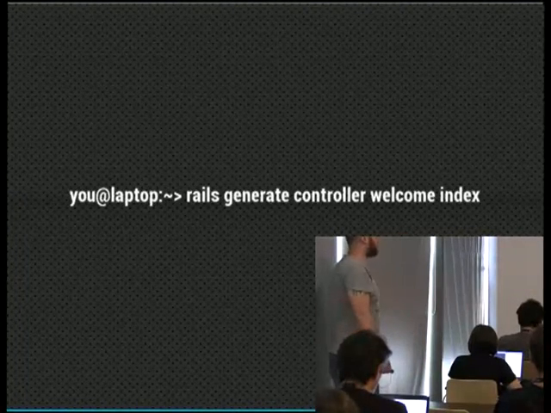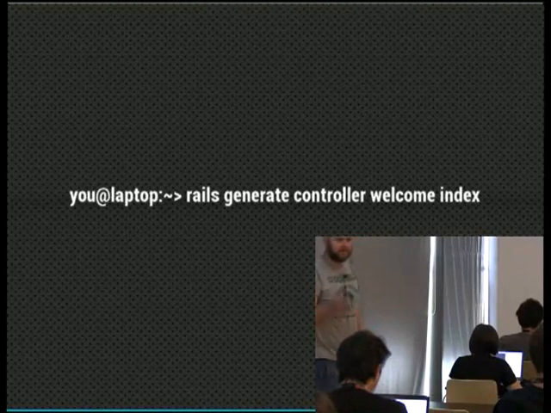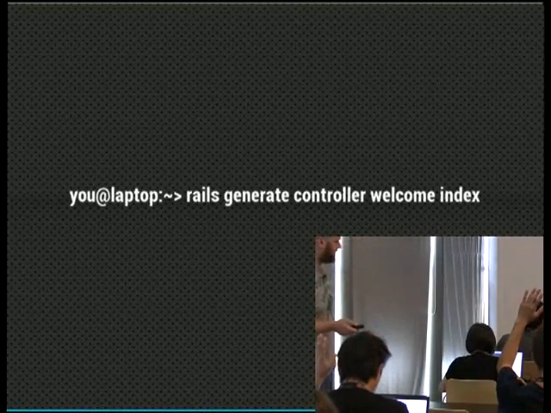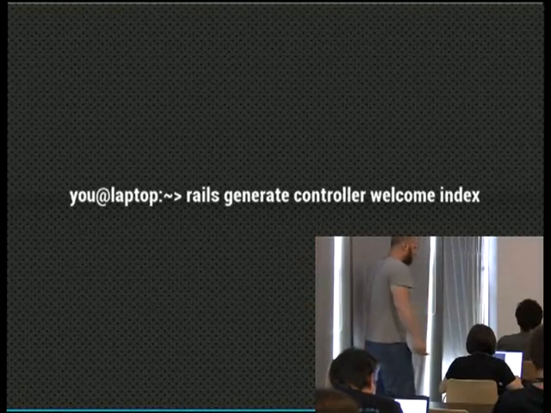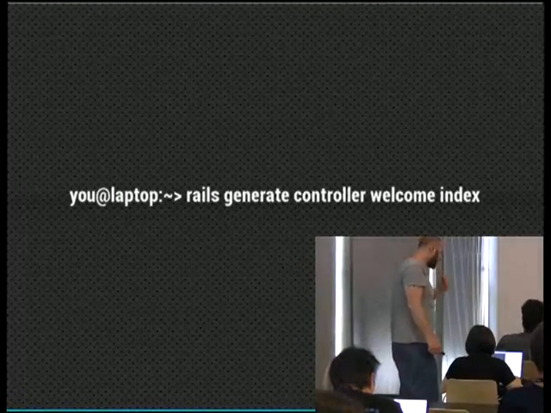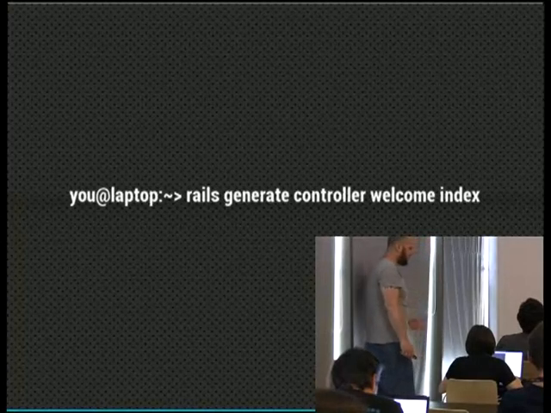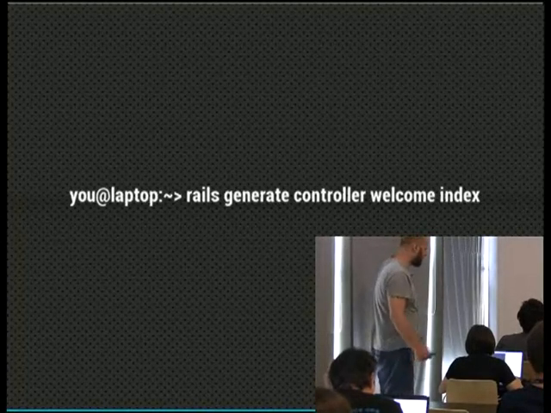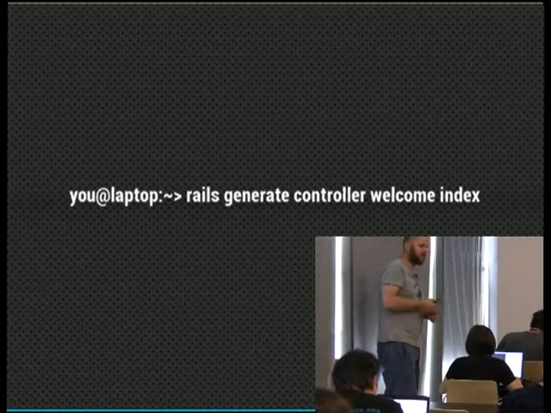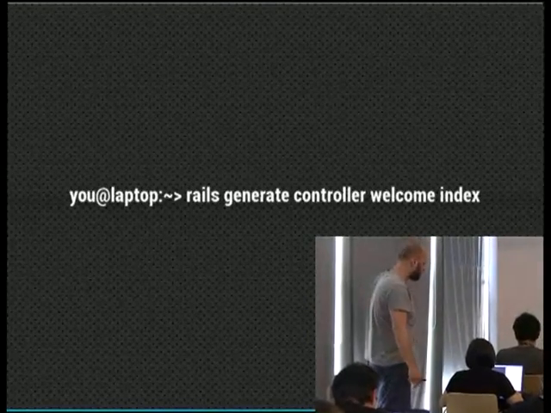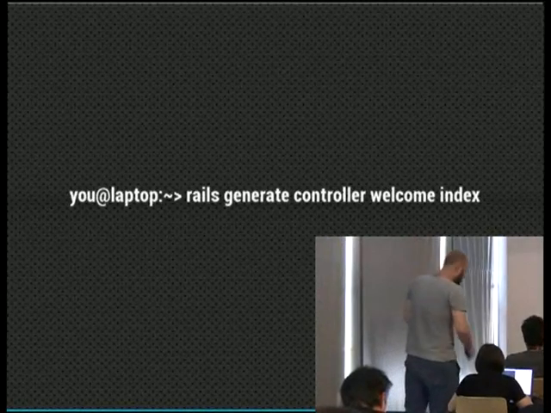Who has generated a controller successfully? 1, 2, 3, 4, 5, 6, 7. You don't? Oh, sure. So you can see from the output what it has done. It added a route. It added some files and directories. It added a test file.